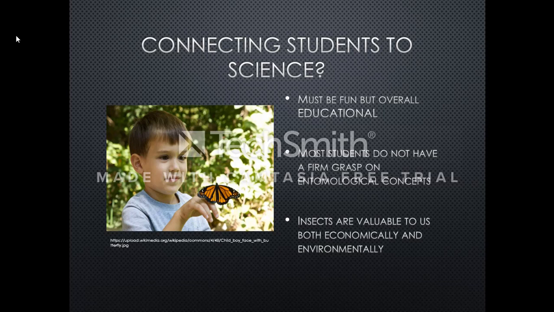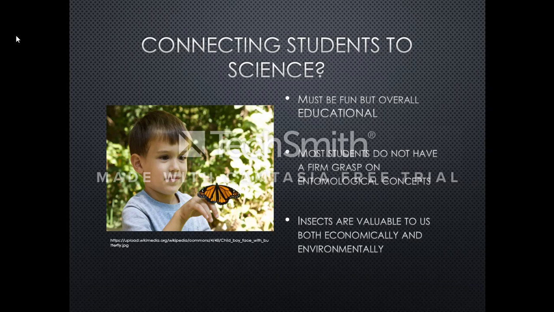Most students do not have a firm grasp on entomological concepts, and in the Google Drive you will see both your pre-lesson and your post-lesson assessments. And so the idea is that once you figure out what lesson you're going to teach the students using insects, before you ever get into that lesson, you're testing the students on their pre-assignment knowledge. It's just basic questions, and some of them can be tweaked a little bit if you're doing this for second graders versus if you're teaching seniors in the high school.